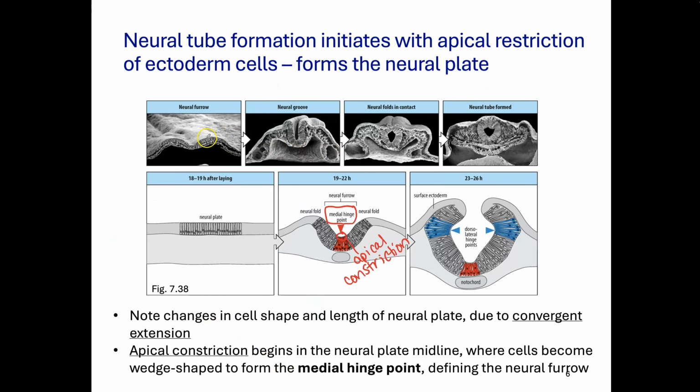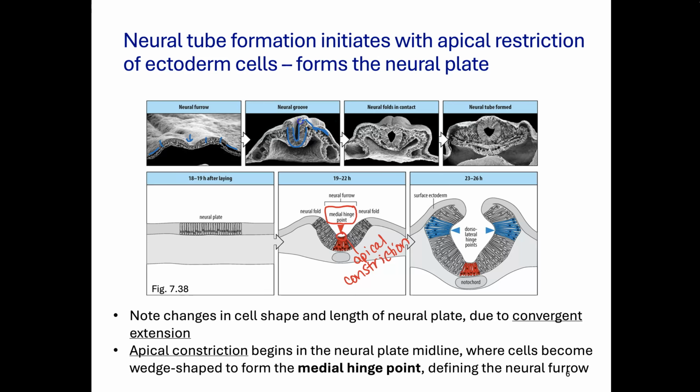So if we were to look at the chick embryo, this is kind of what the neural furrow looks like, and you can see the neural plate here. The cells are differently shaped, so they're taller and narrower, and these are the wider and flatter epidermal cells. This is what the grooves actually look like. You can see the epidermal cells on the side here, and how much thicker these neural tube cells are.